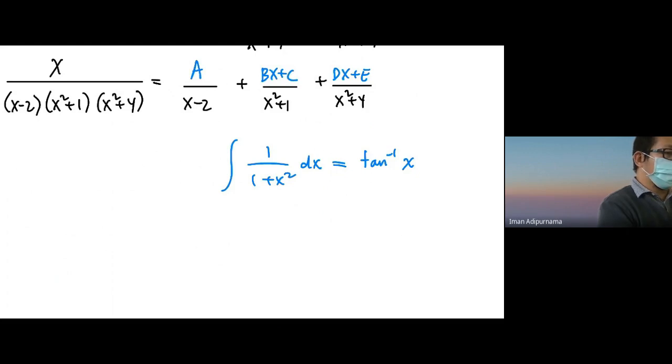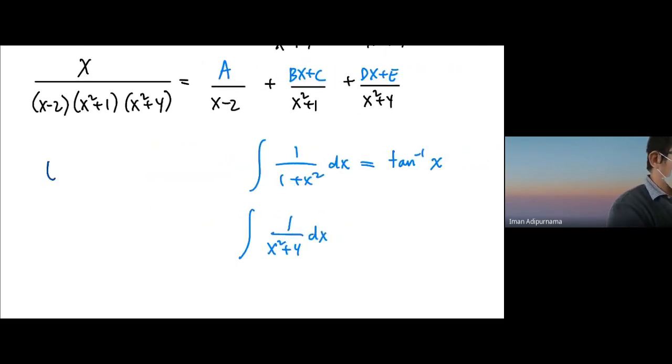Okay. So before I solve the other one, the x squared plus 4, before we try to figure out how, let me just remind you with the tangent inverse. So tangent inverse x, if we derive, this will result in 1 over 1 plus x squared, plus c.